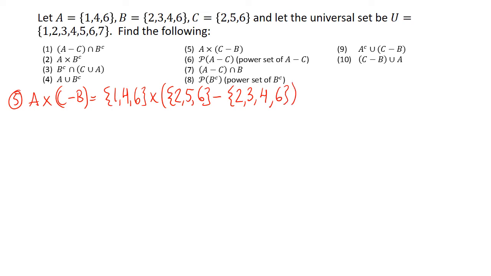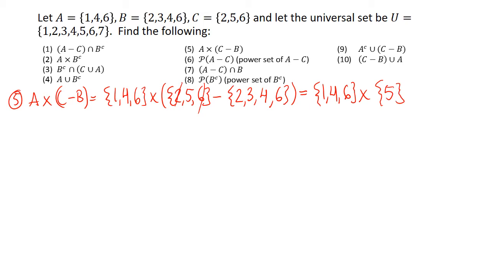Okay, so I'm going to do the part in parentheses first, the minus. So 1, 4, 6 will stay the same, and Cartesian product. Okay, so the minus, so I'm going to take everything in 2, 5, 6, and I'm going to take away anything that was in 2, 3, 4, 6. Okay, so the 2 is going to be taken away, the 5 is going to stay, and the 6 is going to be taken away. So that's going to leave me only the 5.